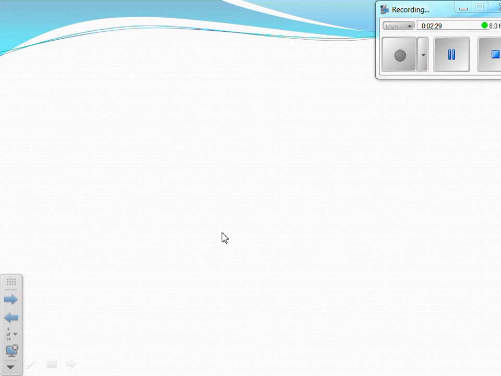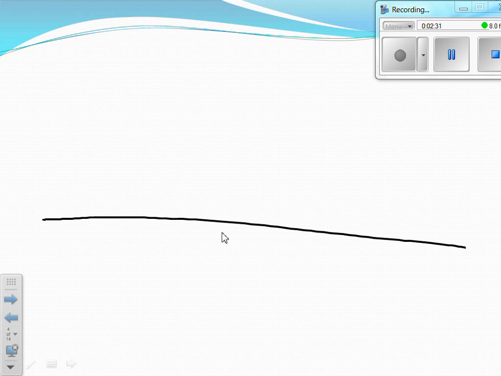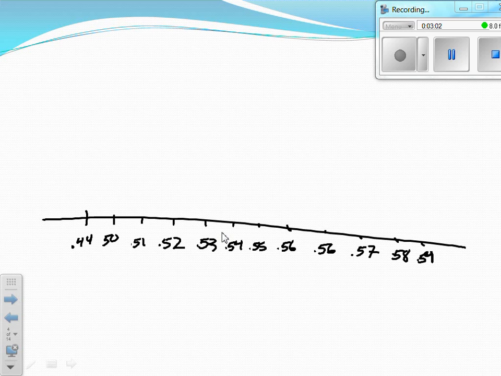So a way to think about this, if we were to start taking a bunch of samples of 400 voters, here's your 0.49, 0.5.